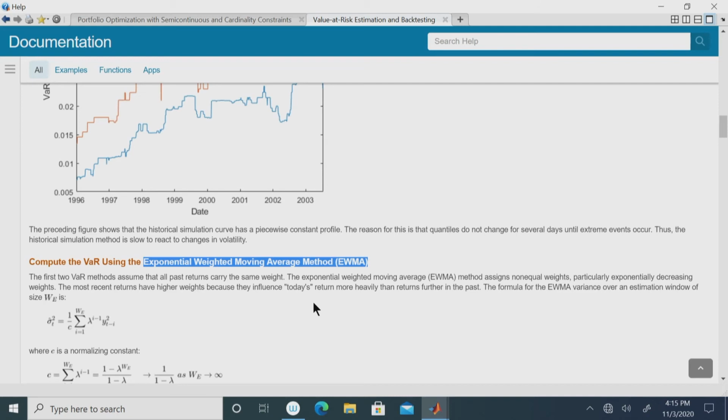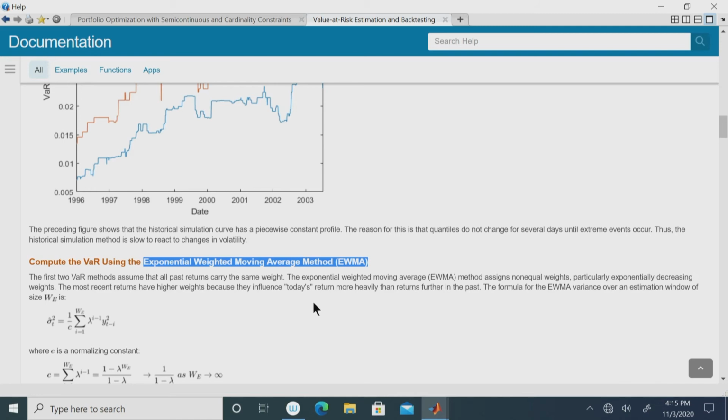We assign them with exponentially decreasing weights, which gives higher weights to more recent returns as compared to more remote returns, because it is based on the premise that today's return is more likely to be influenced by more recent returns as compared to the returns from further in the past.